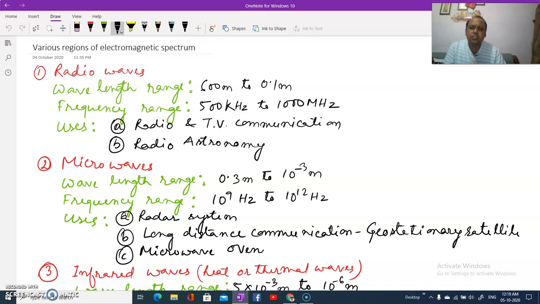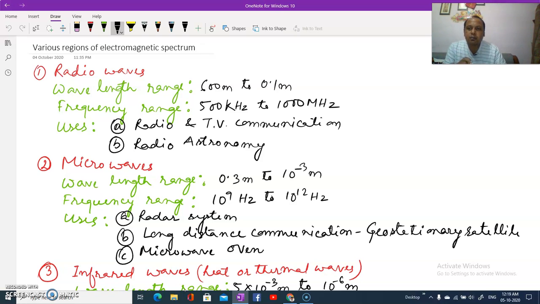Most important uses are all the radio, TV communication, and mobile communication. Then in radio astronomy, radio waves are sent to the atmosphere and strike the astronomical objects, come back, and that is studied. So radio waves are also used there.